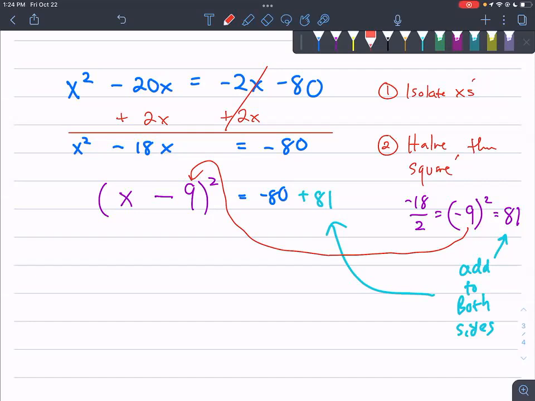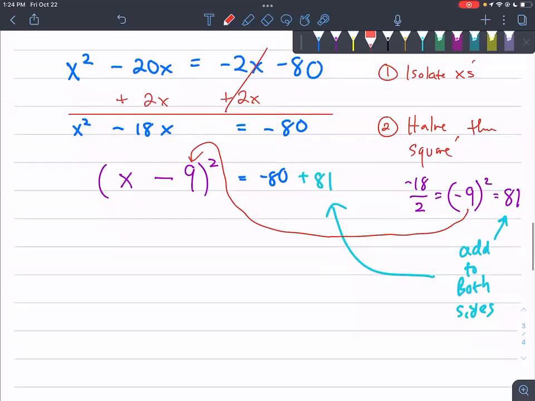But if you can remember this, if your notes are clear enough, you should be able to skip that step. So ultimately we end up with x minus 9 squared equals 1, which is the negative 80 plus 81. Negative 80 plus 81 is that 1.